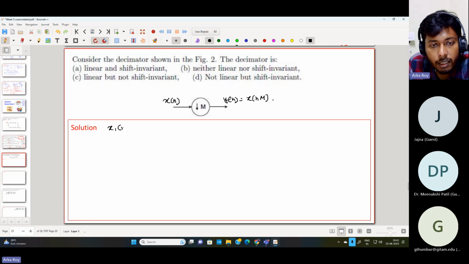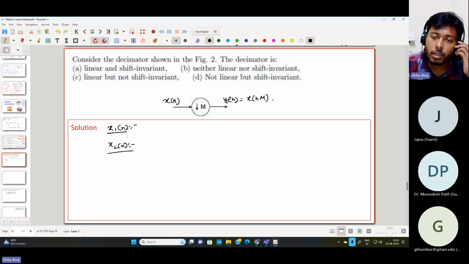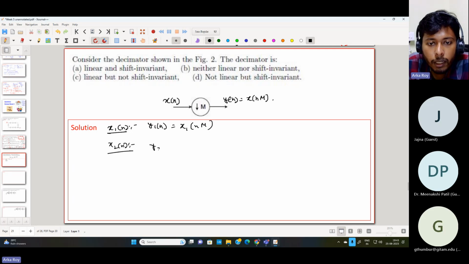For linearity, we'll check with two different signals, and then we'll apply the linear combination of the signals, and see whether the output matches the linear combination of the outputs when the inputs were applied separately. So y1 of n is equal to x1 of nm, and y2 of n is equal to x2 of nm. Fine.